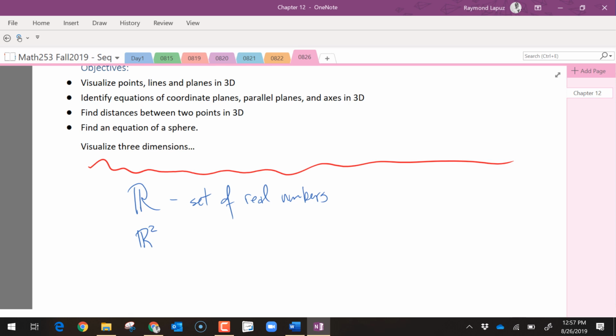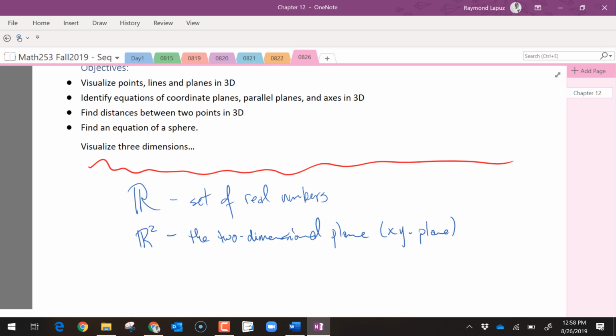So this is going to be the 2-dimensional plane, if you want to call it that way. And usually the variables that we use are x and y to represent our things in 2 dimensions. It doesn't have to be x and y. It could be other variables. Later on, we'll see a relationship between x and y in another 2-dimensional plane, and so we'll call it u and v or something else.